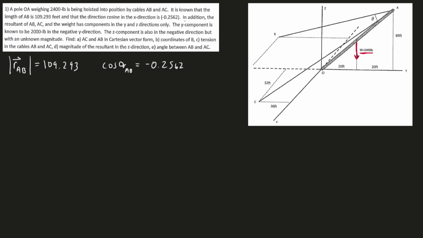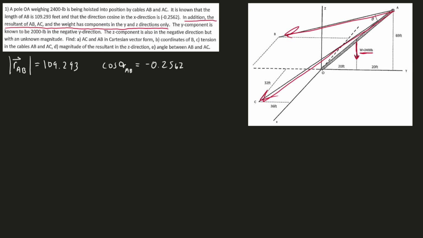Alright, moving on. In addition, the resultant of AB, AC, and the weight has components in the y and z directions only. As far as I've read so far, there are only 3 forces here: force AB, force AC, and the weight.